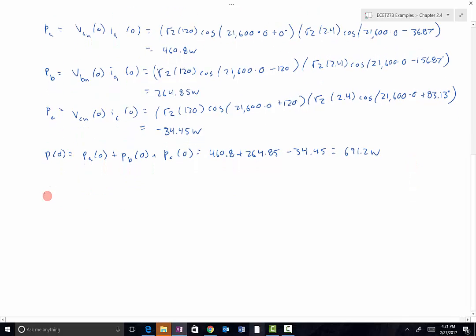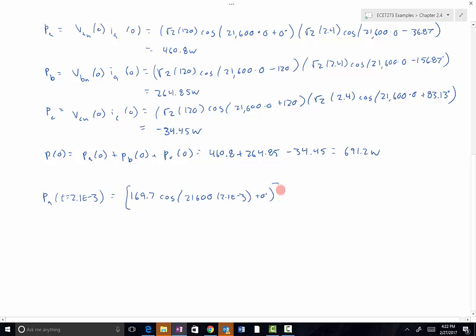Next, what we wanted to do is calculate PA at t equals 2.1 e to the minus 3. And so that's going to be equal to root 2 times 120, which was 169.7, times the cosine of 21,600 times 2.1 e to the minus 3 plus 0 degrees.